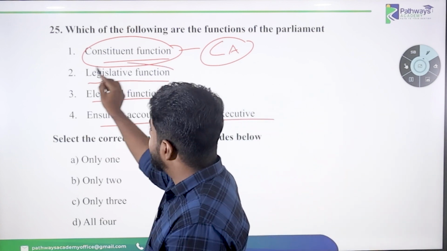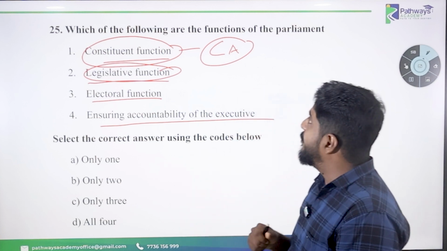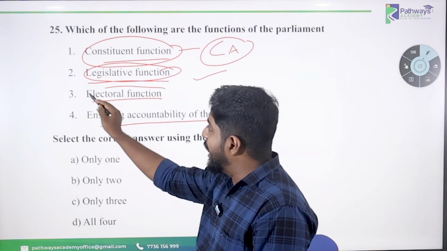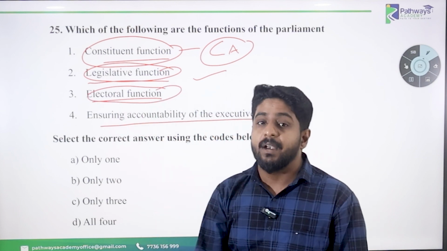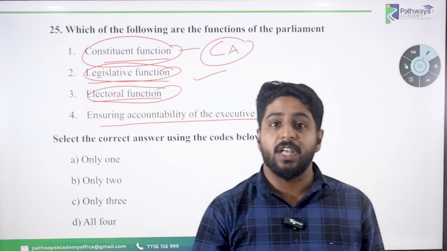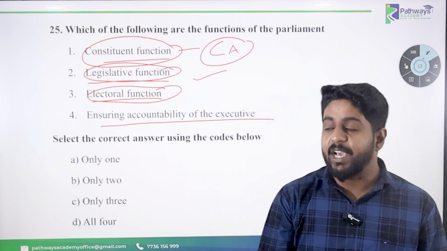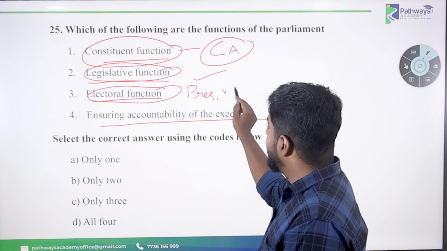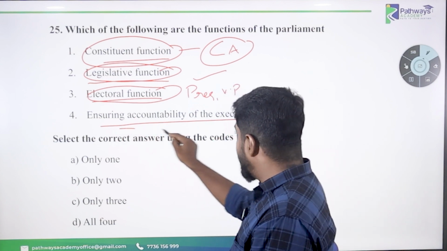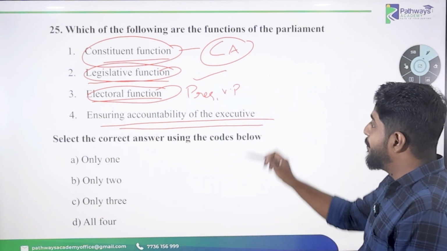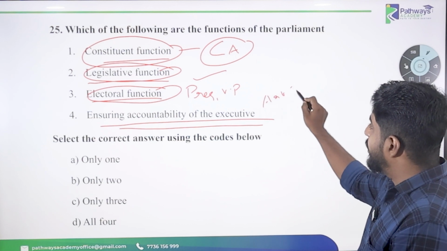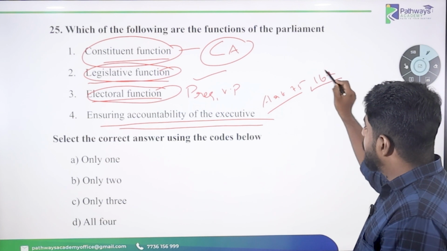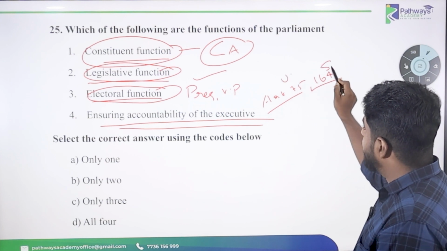Does the parliament have the legislative function? Yes, sir, the predominant function of the parliament is the legislative function. Does the parliament have the electoral function? Yes, sir, the parliament takes part in the election of the President of India and the Vice President of India. So the parliament has the electoral function. Ensuring accountability of the executive, yes, sir, according to Article 75 of the Indian Constitution, and 164 at the state level.